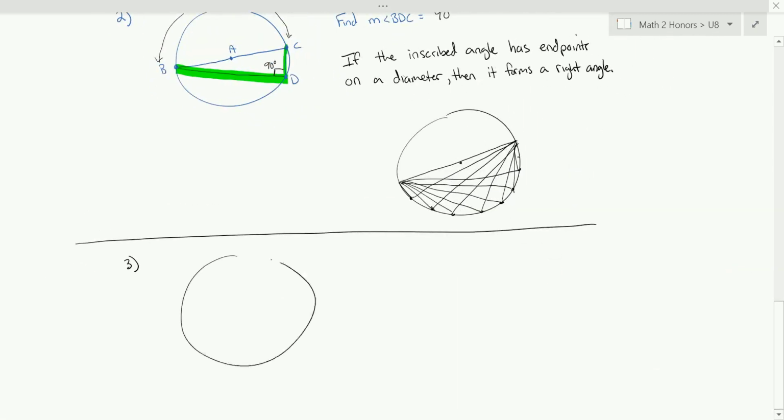Okay, so I'm going to put 4 points on the circle. Doesn't matter where.